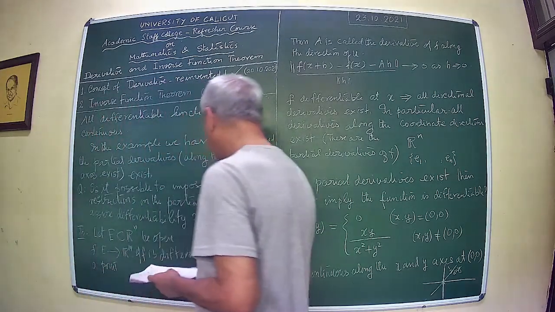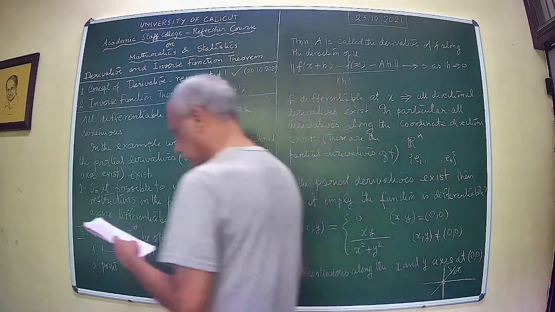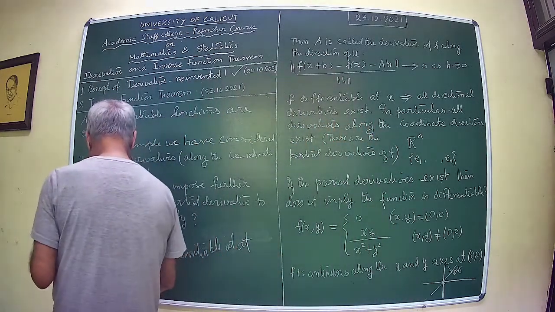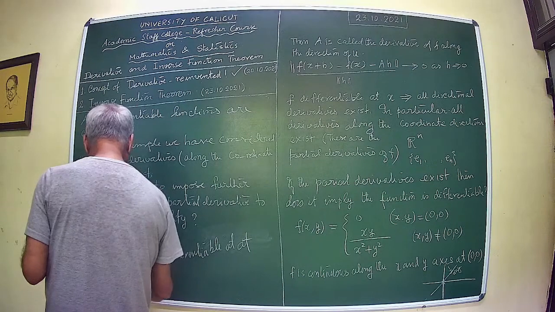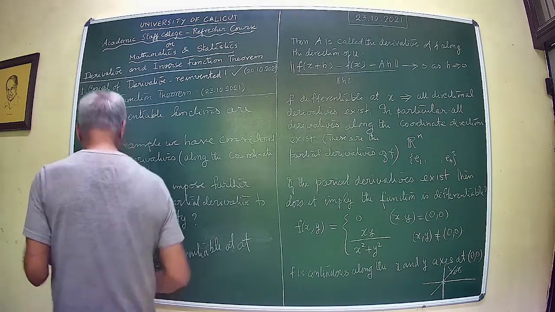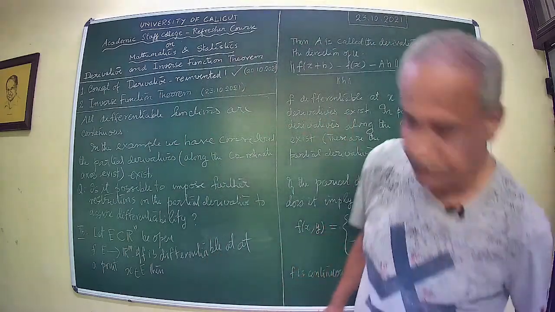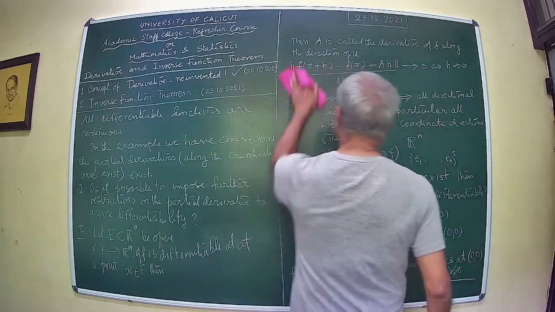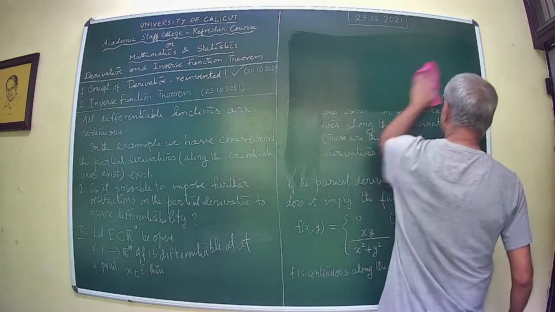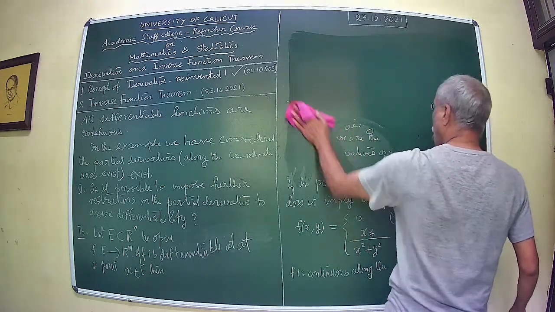If f is differentiable at a point x belonging to E, then the partial derivative is given by the following formula.